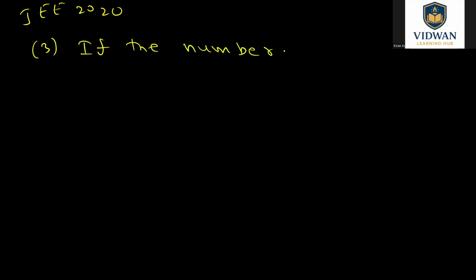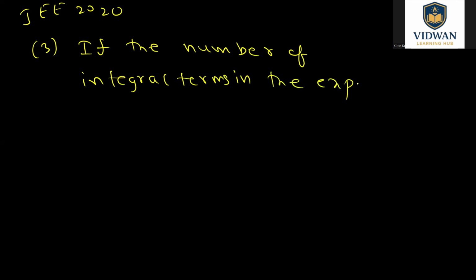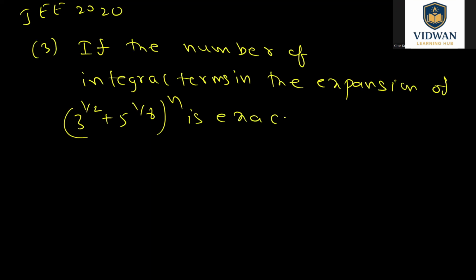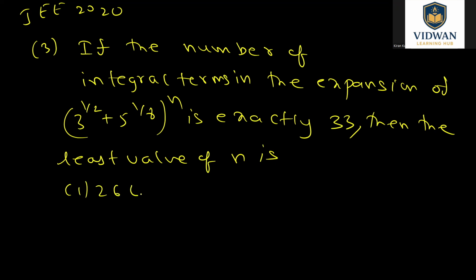If the number of integral terms in the expansion of 3 power 1 by 2 plus 5 power 1 by 8 whole power n is exactly 33, then the least value of n is: first option is 264, second option is 256, third option is 128, fourth option is 248.